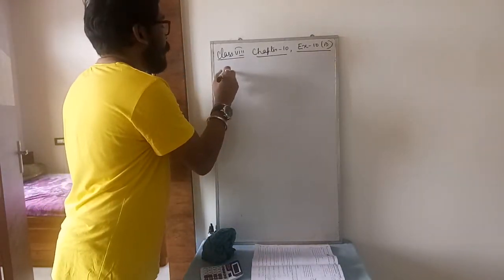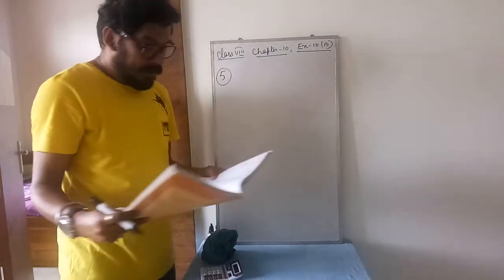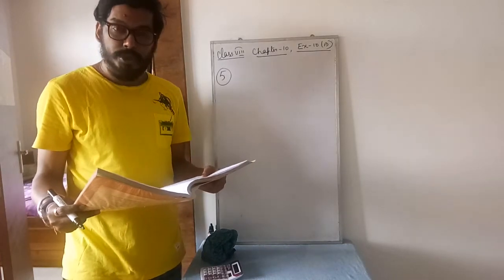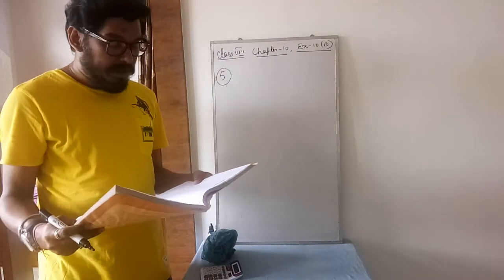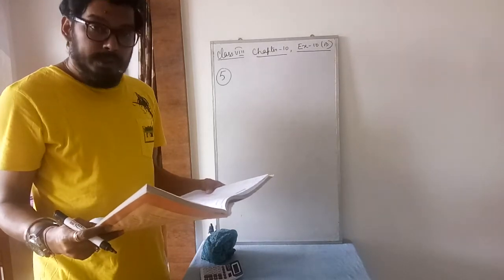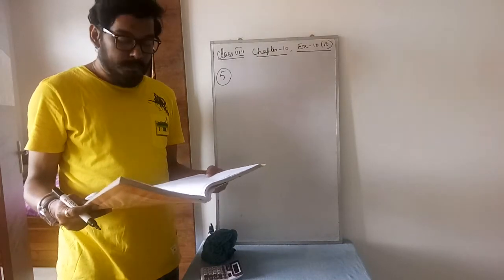Question number 5. What did they say? The time needed to travel from one place to another is inversely proportional to the speed. Here they have mentioned that time and speed are inversely proportional. Even if they don't mention it, you know, more speed, less time, less speed, more time.